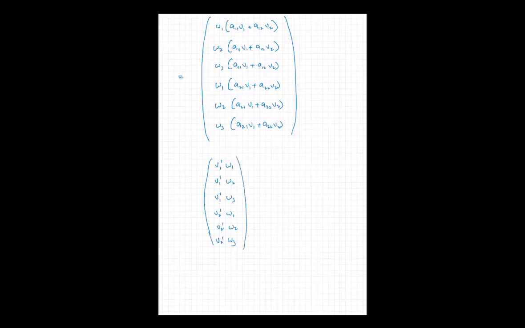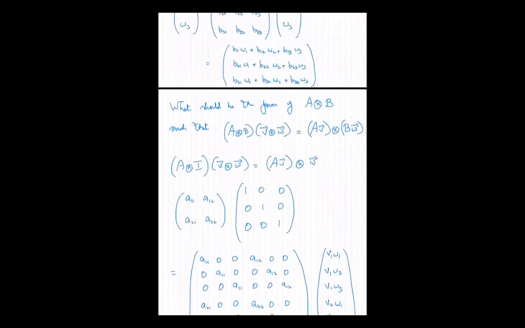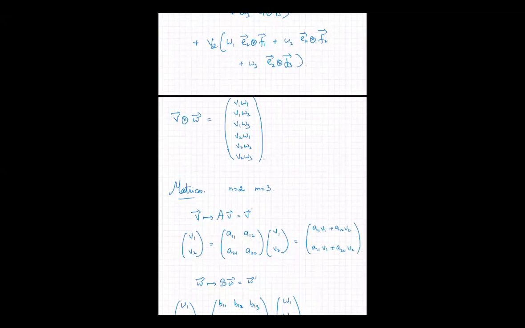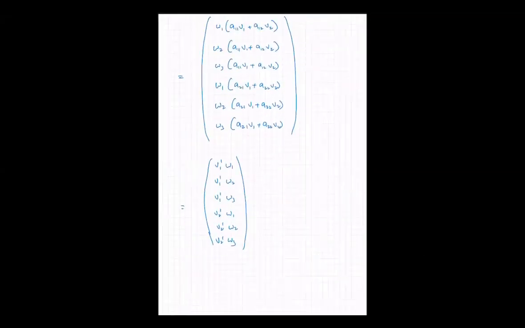Okay. So what is this column vector? Well, V cross W has the form V1 W1, V1 W2, V1 W3, V2 W1, V2 W2, V2 W3. So this is basically V prime cross W. In other words, this is AV direct product W, by direct computation.